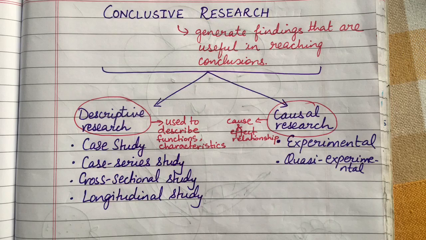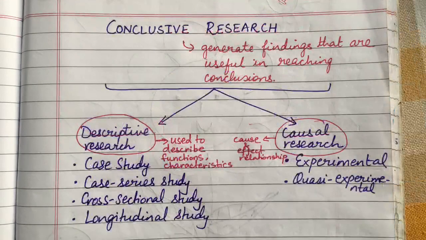These are the various further groups under descriptive research. Whereas causal research is used to find out cause and effect relationships. Two very popular research methods under causal research are experimental and quasi-experimental studies.